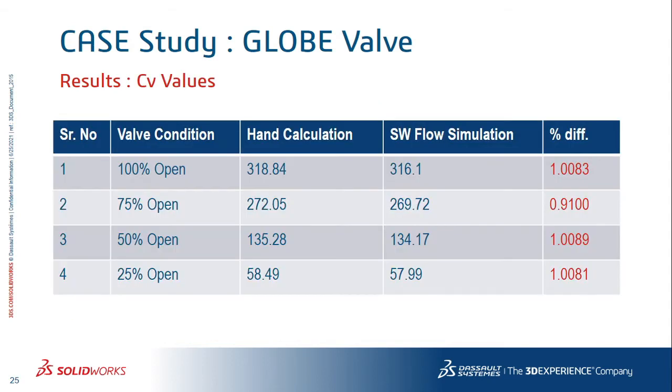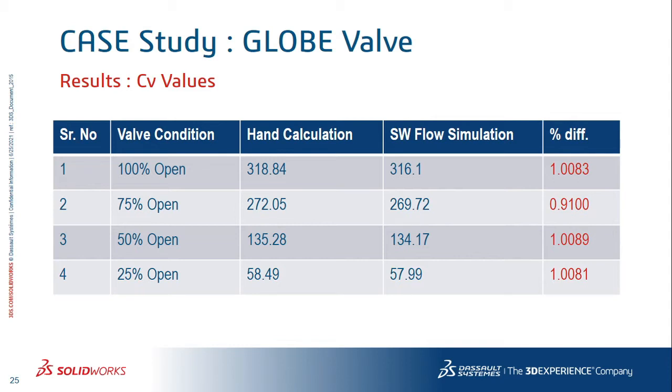So I did the hand calculation for all the valve opening conditions, and this is a chart I have created of hand calculation versus the SolidWorks Flow Simulation results. The percentage differences were merely 1%.